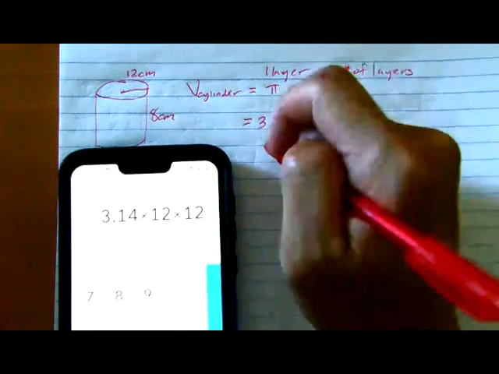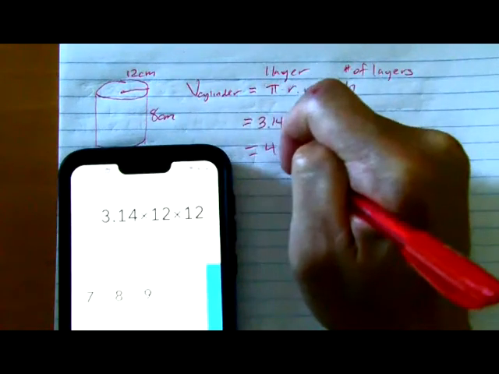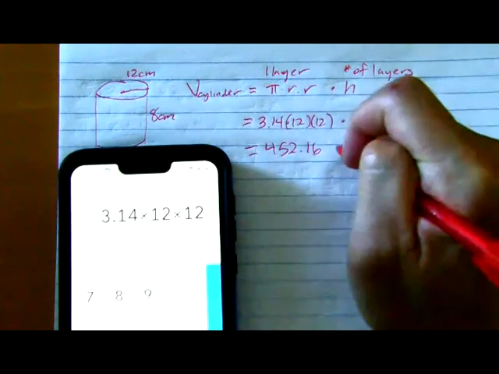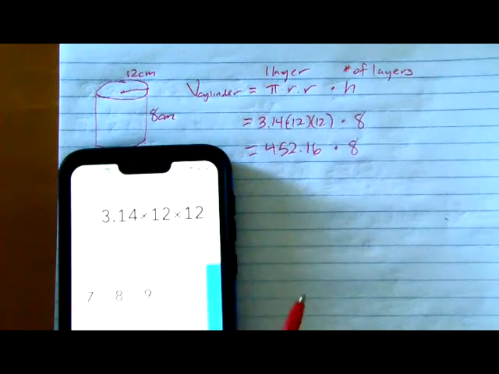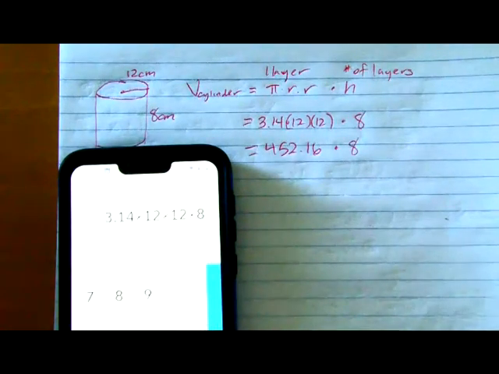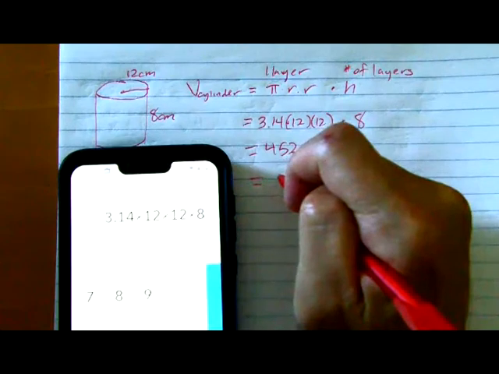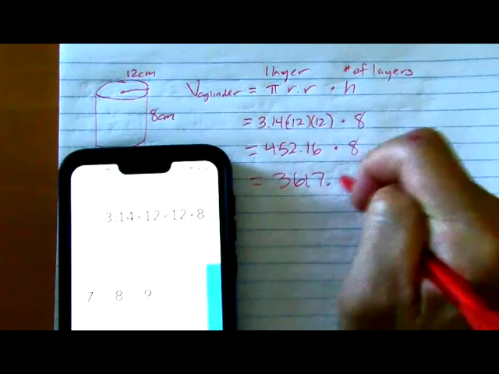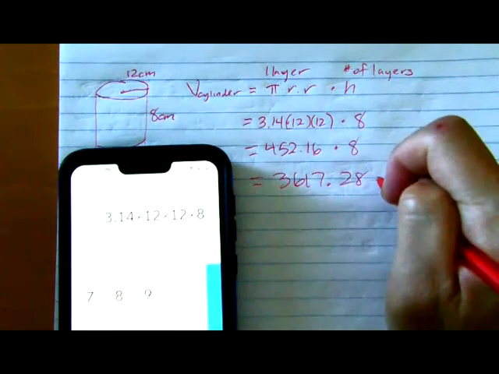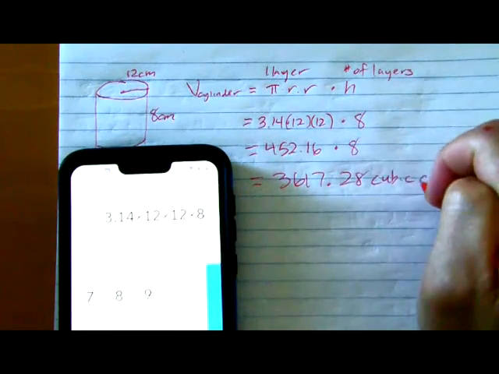Okay, so the one layer is 452.16, and we're going to multiply that by 8. 3,617.28 cubic centimeters.